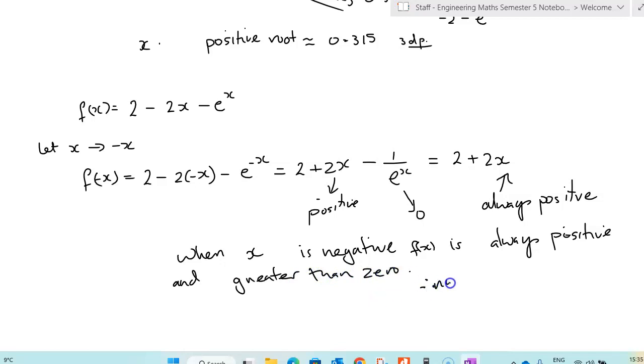Therefore, there is no negative root. Alternatively, you could draw a graph for it, but I'll leave it at that. Thank you.